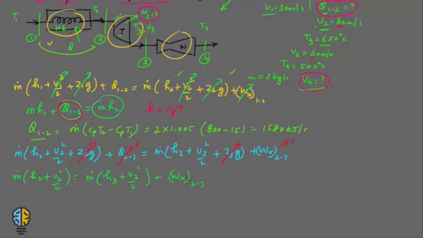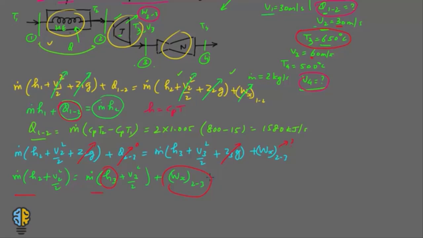That is the shaft work output from the turbine. So it has become a very simple equation now, from which the unknown is this quantity, and the rest of the things are known to you, because we know the value of T3 as well. So you can very well find out h3.